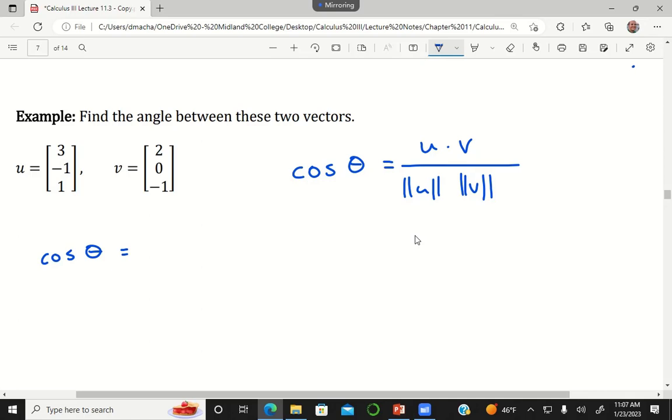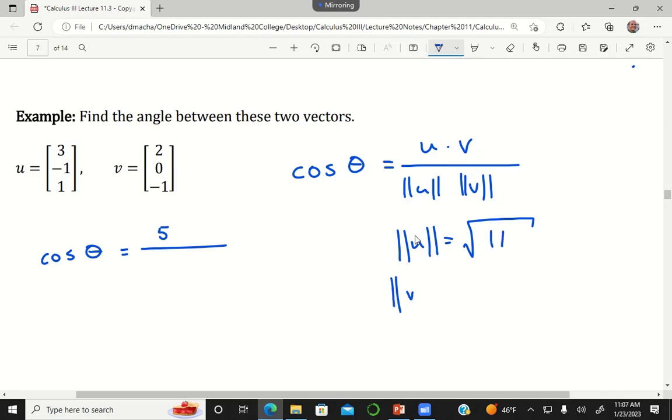2 times 3 plus negative 1 times 0 plus 1 times negative 1 is going to be 5, divided by norm u times norm v. Norm u is going to be the square root of 3 squared plus negative 1 squared plus 1 squared, so that's going to be root 11.